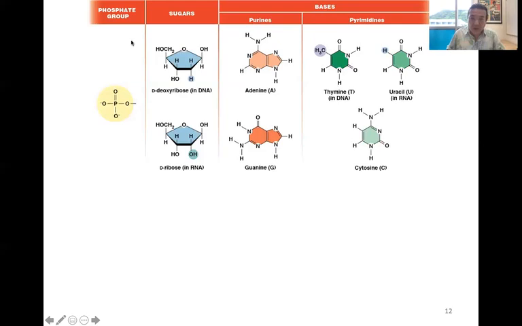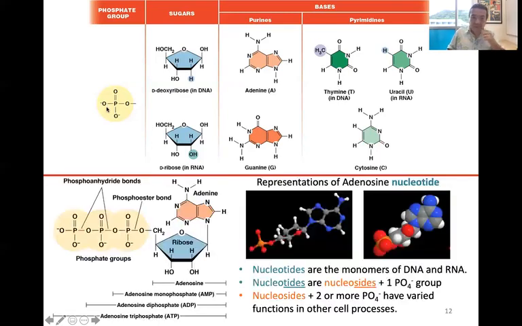Similarly, like sugars, for example, there are a ton of examples of other sugars. We looked at some of them: glucose, fructose, galactose, things like that, that are also ringed sugars. It's just that ribose is the one that life, billions of years ago, started using. Ribose or deoxyribose. And then you have the phosphate group.